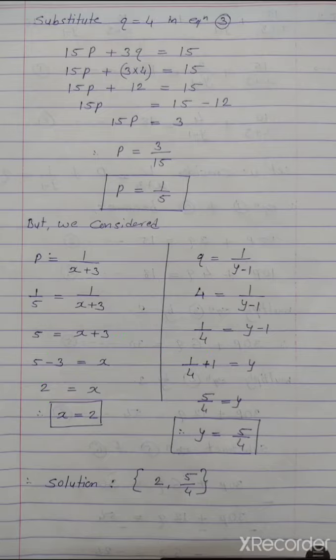Similarly on the other hand side, take this 1 to the left hand side, and it gets added. When you add these two terms, 4 plus 1 is equal to 5. So 5 upon 4 is the value of y. So this is the solution of the simultaneous equations.